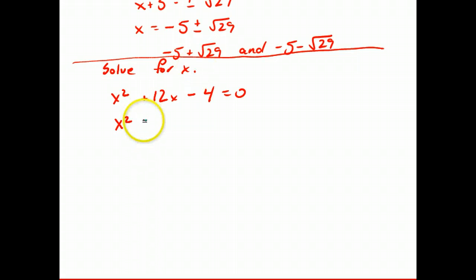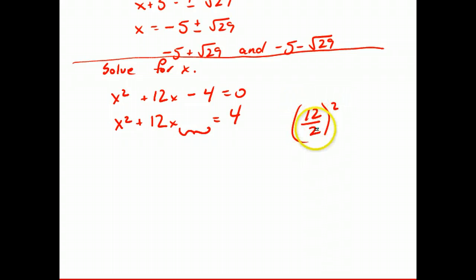Okay, I'm going to isolate my two variable terms on this side. So I'm going to add 4 to both sides and come over here. And now I'm going to find the number that's going to complete my square. So 12 divided by 2, all squared. Well, 12 divided by 2 is 6, and 6 squared is equal to 36.